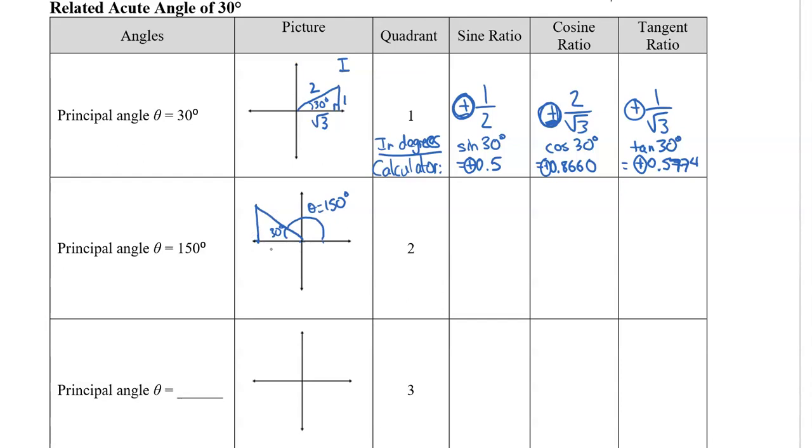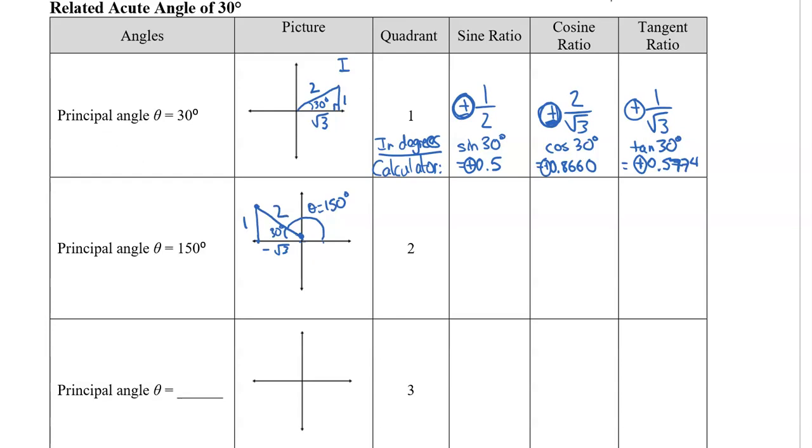So out here, the x would be negative root 3. The y up here would be a positive 1. And the distance from here to here, we call that r. That is going to be 2, because that's always going to be positive, representing the length of that.